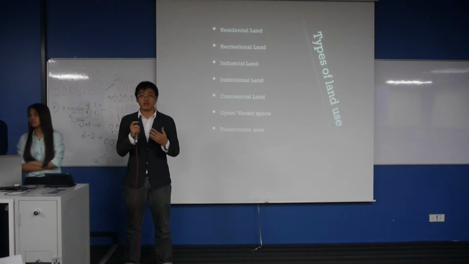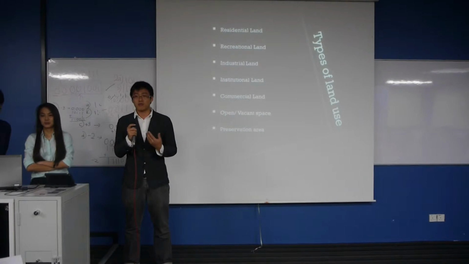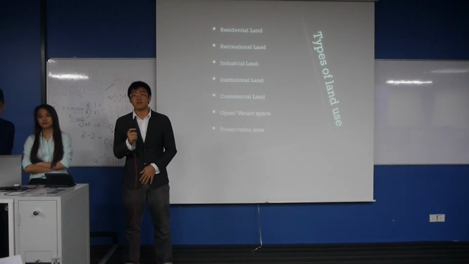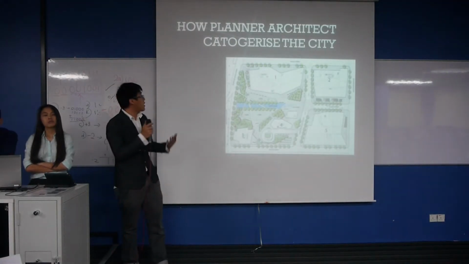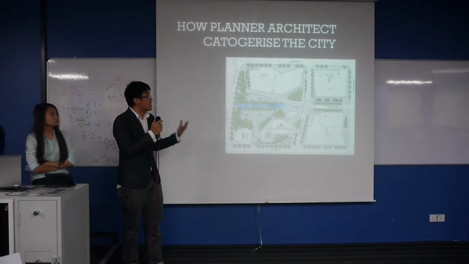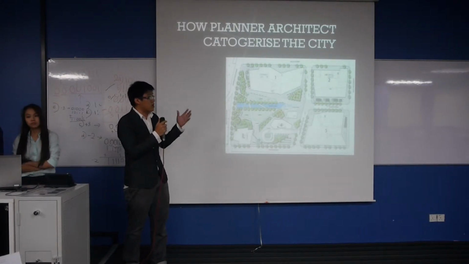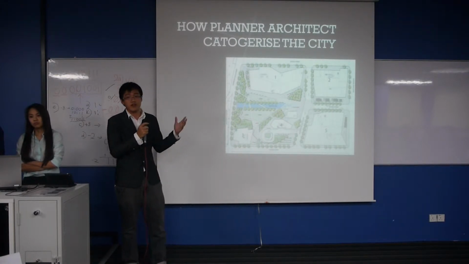They're going to protect it from destruction, they're going to protect the natural environment. This is the way they categorize the city. They separate them and understand where each place is going to be used and understand the categories.